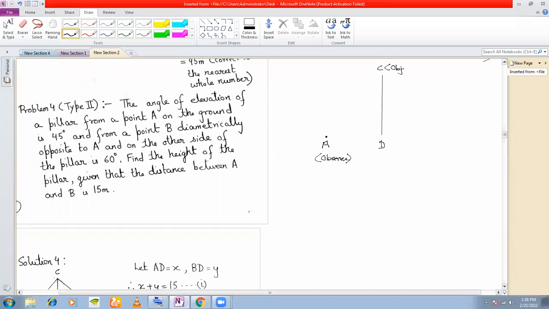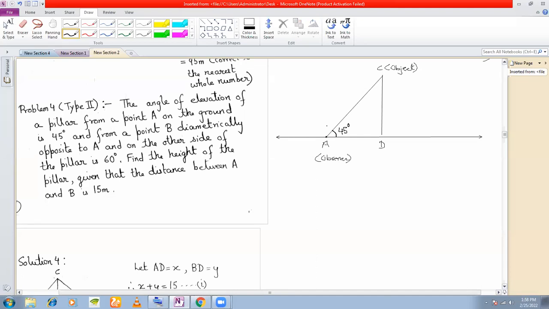He is looking at the top because angle of elevation is given. This is his line of sight, AC. Let's draw the ground level also. This is your ground level. So the angle of elevation of this pillar from a point A on the ground is 45 degrees, so this angle here is 45 degrees.